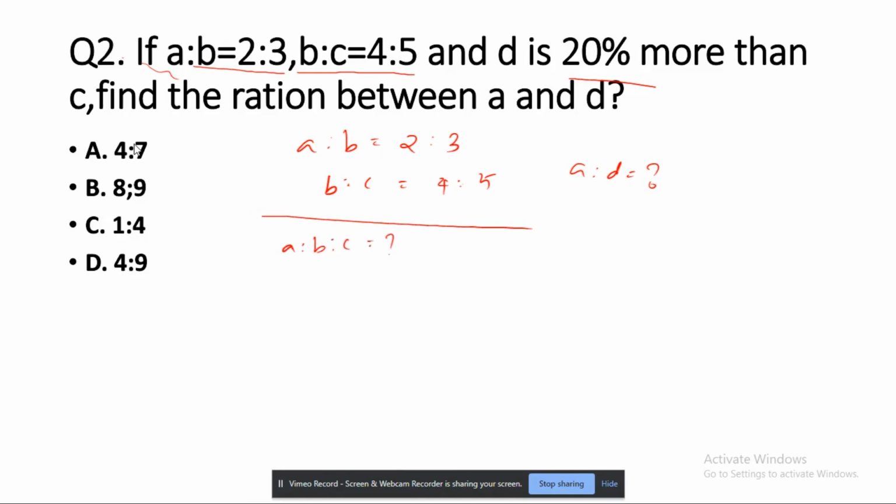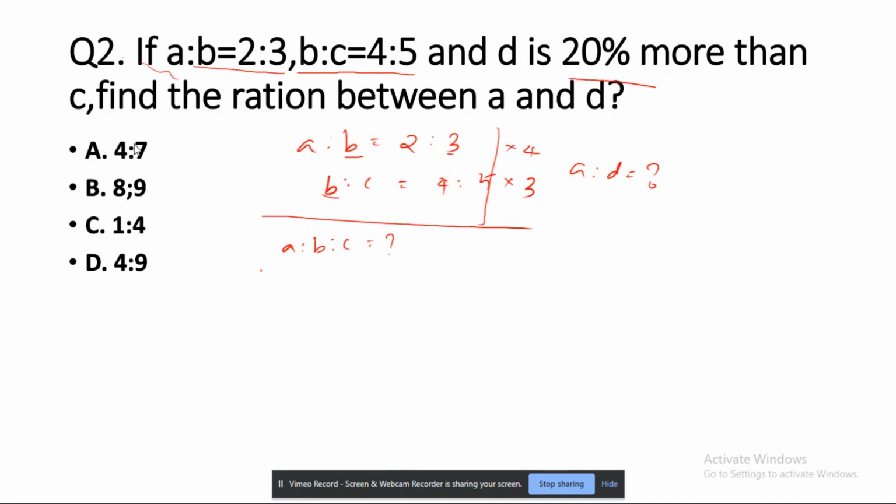For that, we can see that B is in two different places, but B has different values. So for combining these two, first I multiply this with 4 and this with 3.